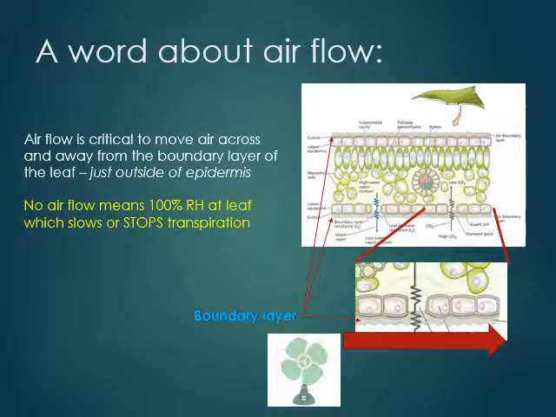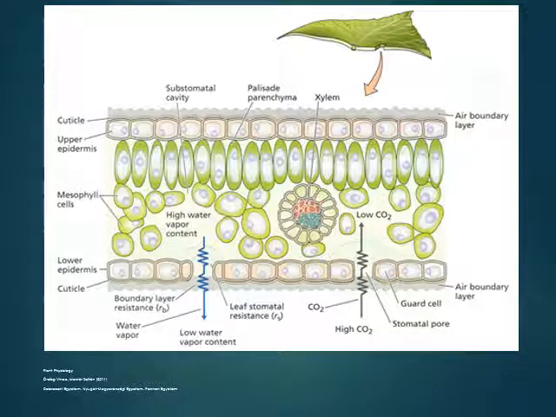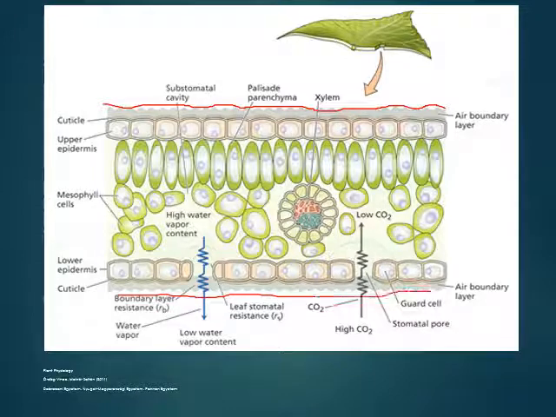But at the microscopic level of a plant, there is a layer close to the surface where the gases are sort of stuck to the leaf. We call that a boundary layer. You can have high humidity in that boundary layer, which will impact water moving out through the stomata. So we need to get rid of or influence that boundary layer to encourage water to flow out of the leaves.